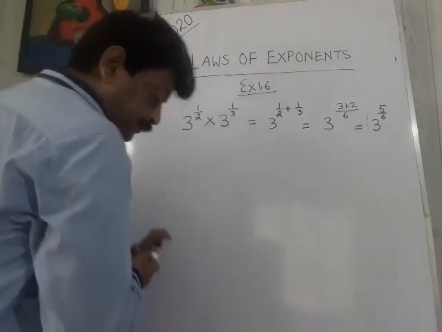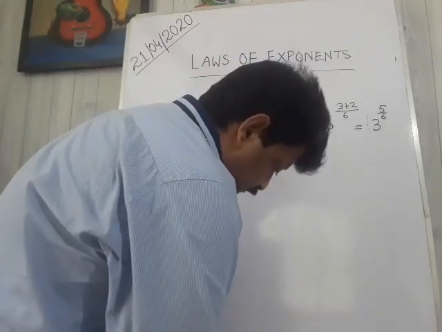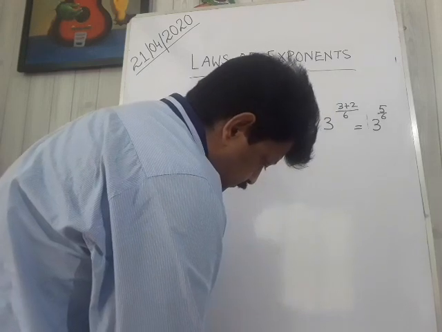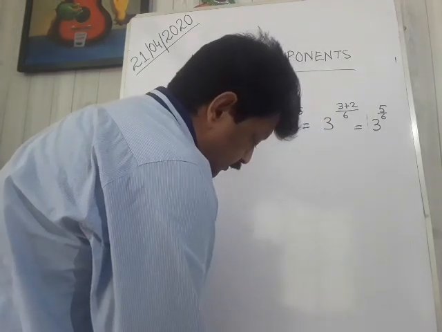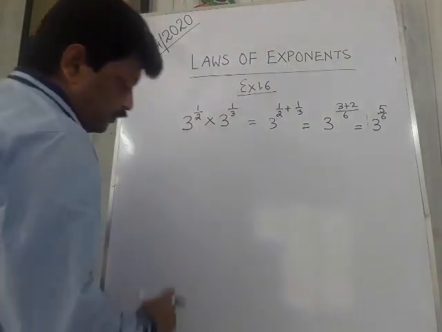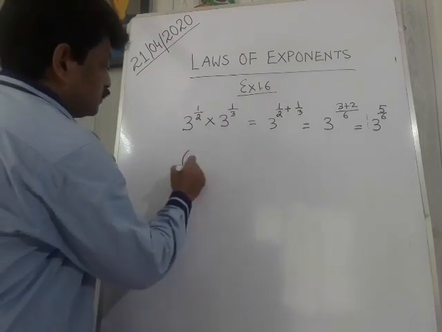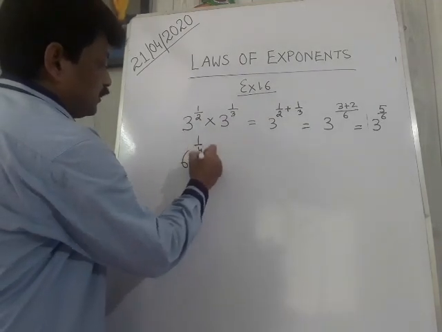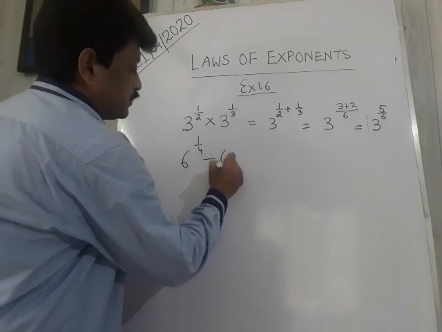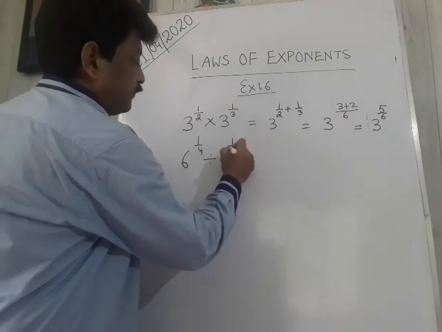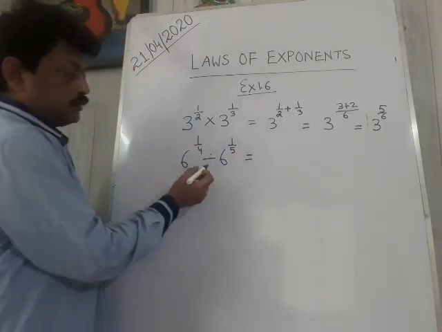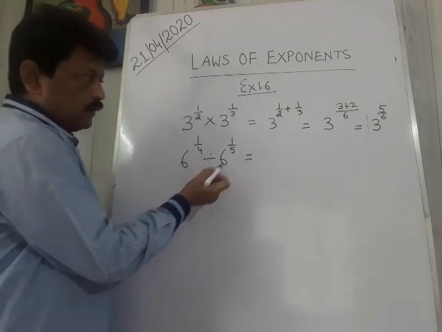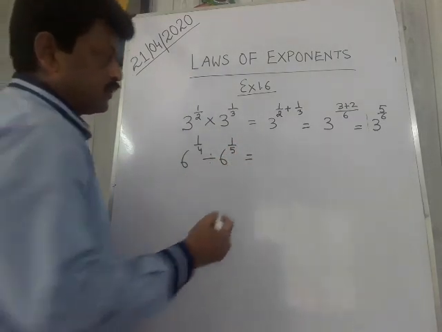The second one, 6 to the power 1 by 4 divided by 6 to the power 1 by 5. So since here is the sign of division, the power will be subtracted.